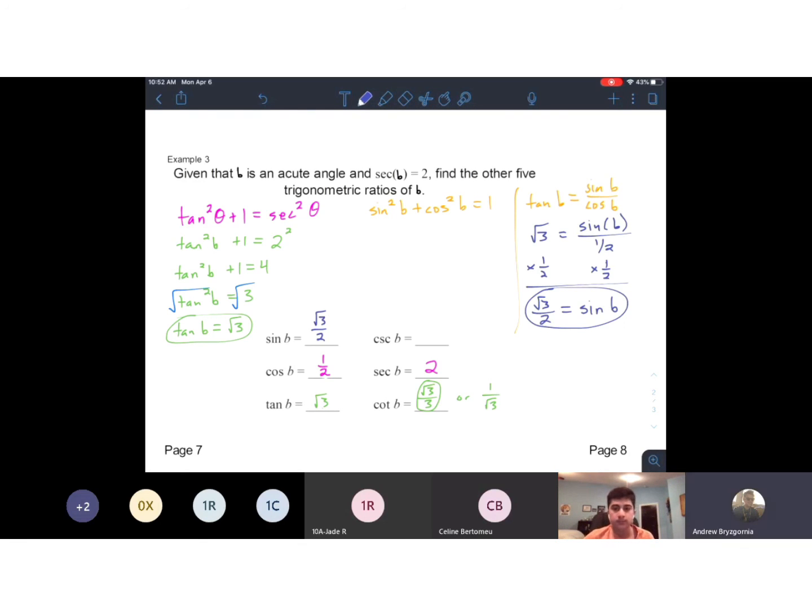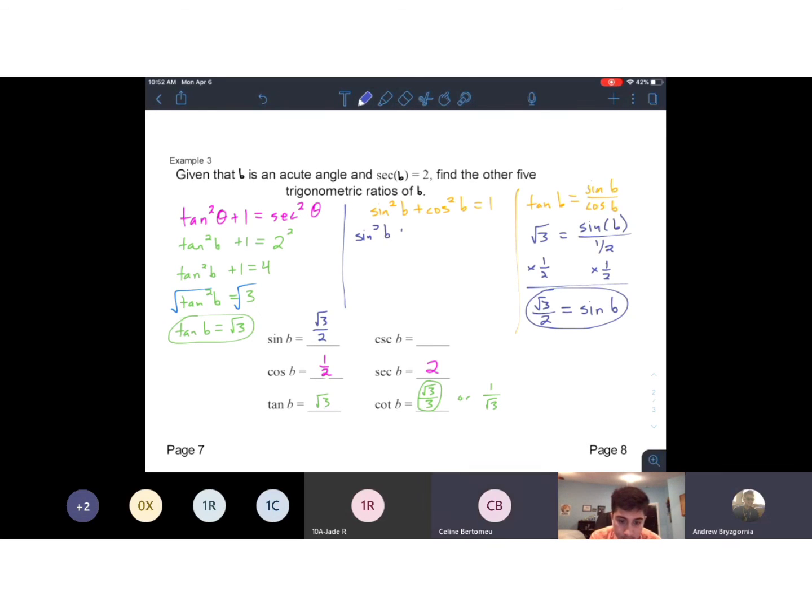So we already have sine of b. If we were to use the other one, sine squared plus cosine squared, we can still get the same answer. It would just take longer.